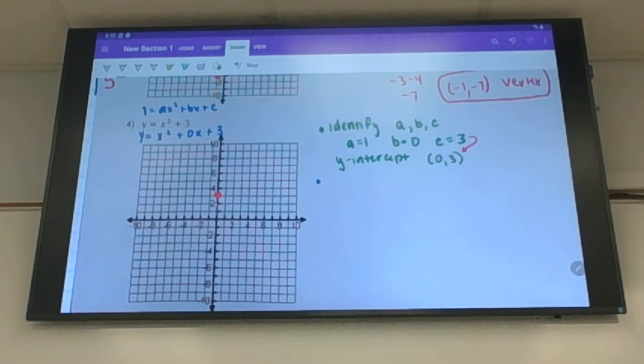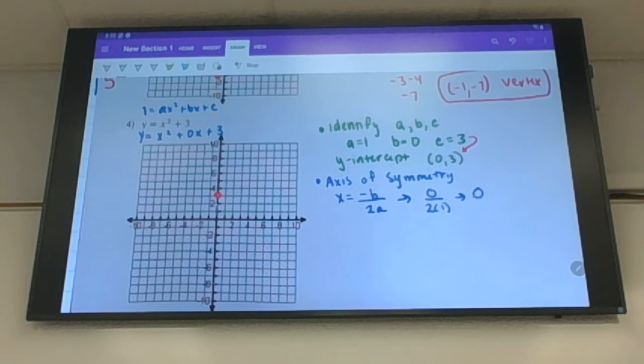Determine the equation for the axis of symmetry. It's negative B over 2A. This is a formula that you have to memorize and use every time. So in this equation, B is 0 and A is 1. 0 divided by anything is 0.